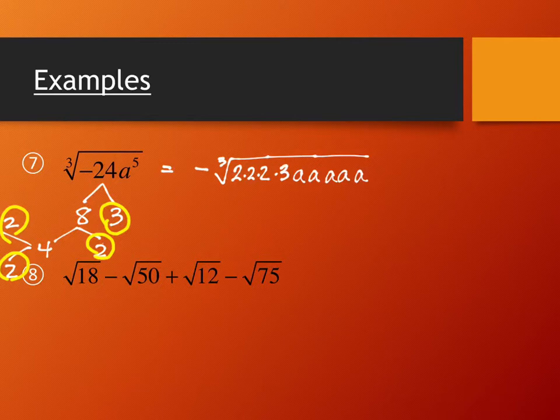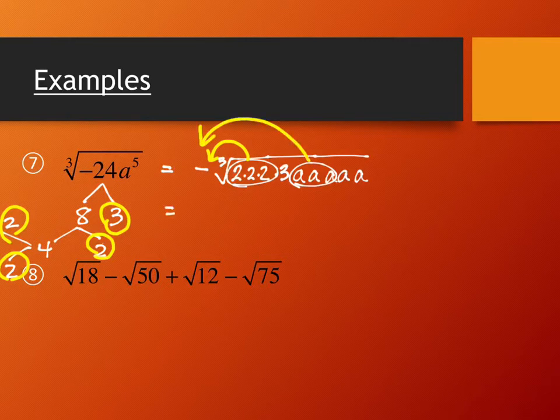The reason the 5's on the outside is because there's 2 5's underneath the radical. Because this is a cube root, I'm looking for groupings of 3. Anytime I see 3 items underneath the radical, I can pull it outside of the radical. These 3 2's would be an example. They would come out. So would any of the 3 A's.